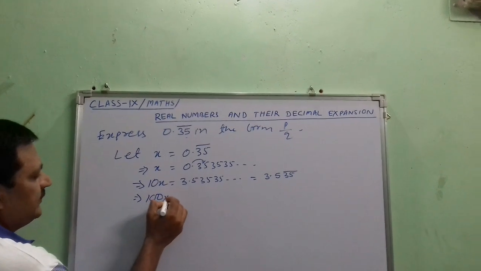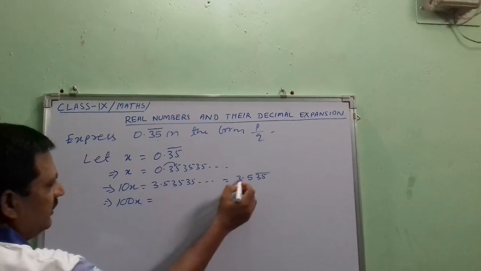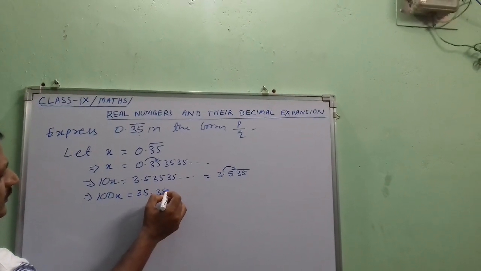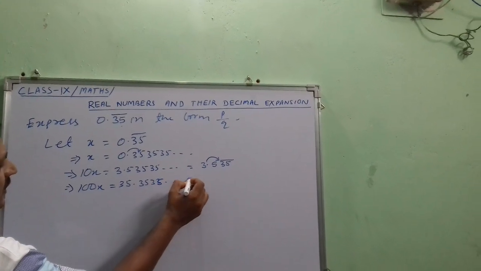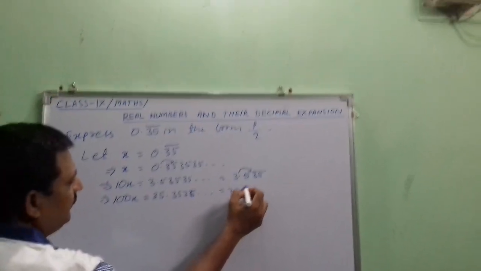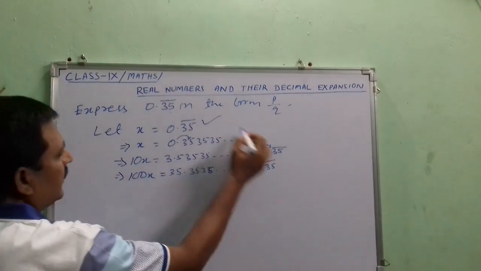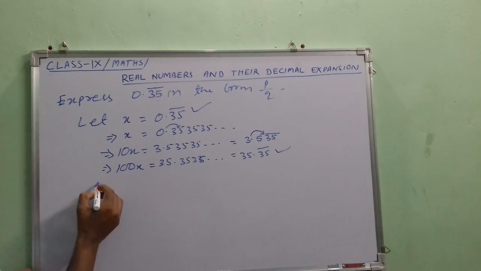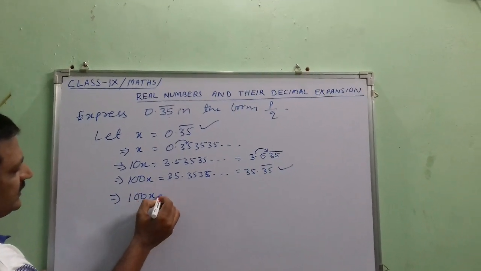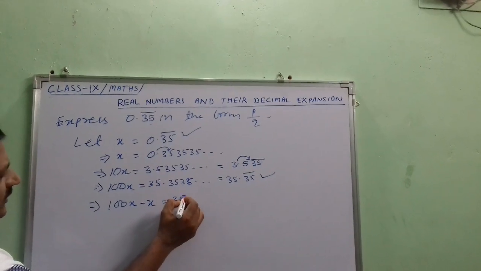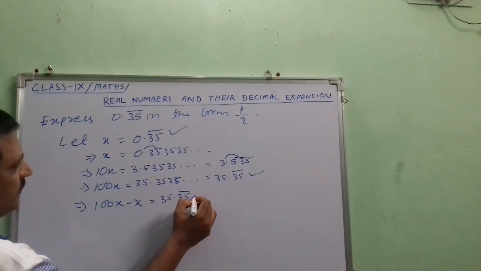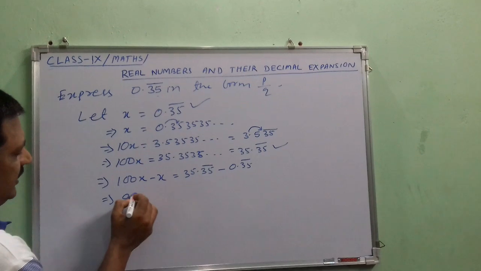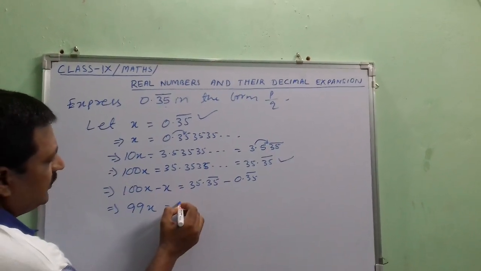Now what is 100x? This gives, again, the decimal point moves here. So 35.3535, that is equal to 35.35 bar. Now if I subtract x from 100x, then I have 100x minus x equal to 35.35 bar minus 0.35 bar, implies that 99x equal to 35.